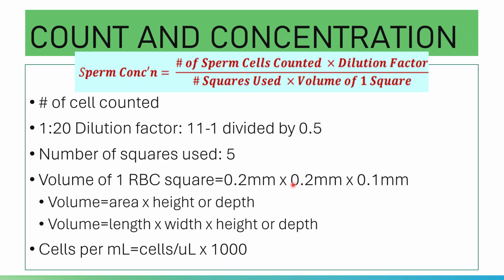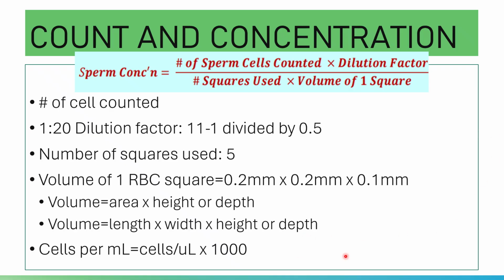Of course, you substitute the number of your cells times your dilution factor, which is 20, over number of squares used, which is 5, times the volume, 0.004 cubic millimeters. Please note that your result here is sperm cells per microliter, or cells per cubic millimeter.